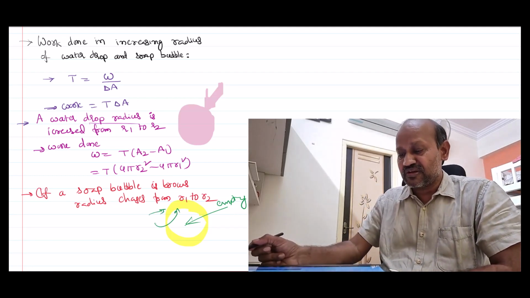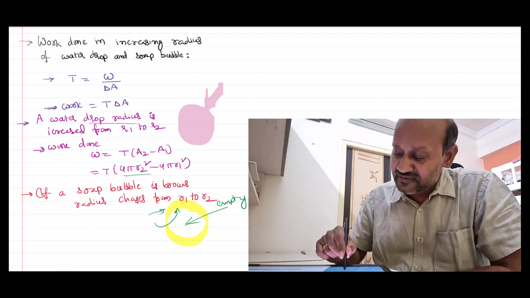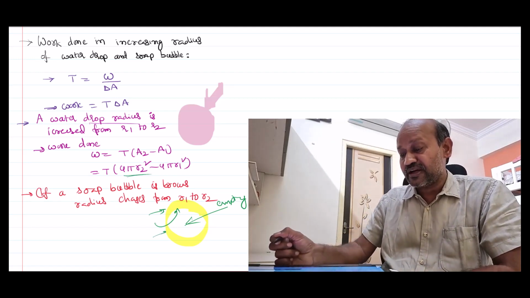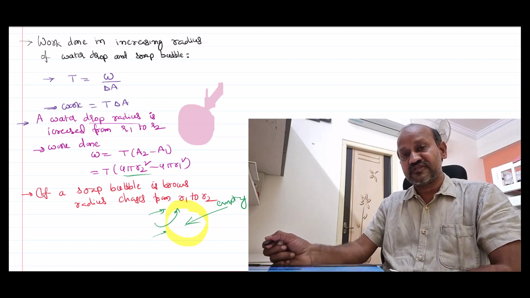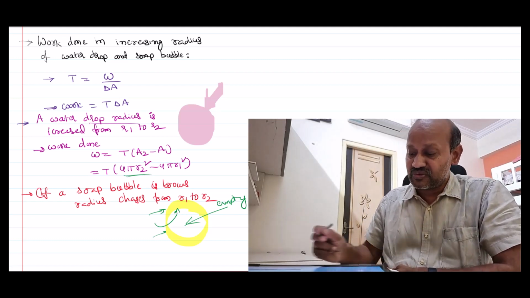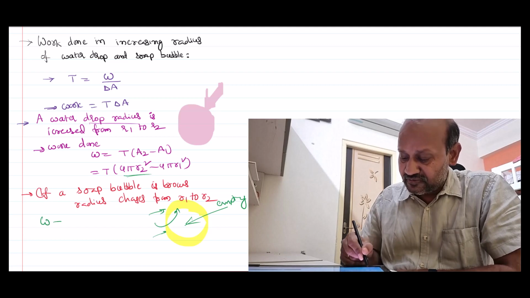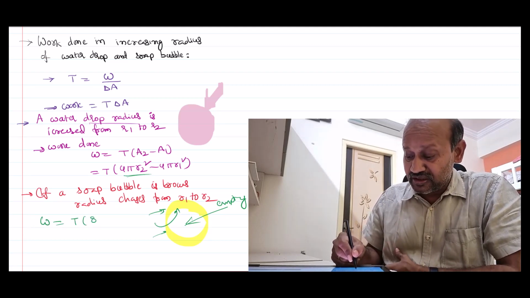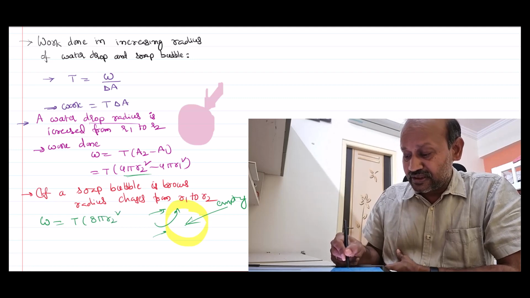Assuming it has a very small thickness, the inner surface has an area of 4 pi r square, and the outer surface has another 4 pi r square, so the total free surface is 8 pi r square. So the work done will be T of the higher area minus the smaller area: 8 pi R2 square minus 8 pi R1 square.